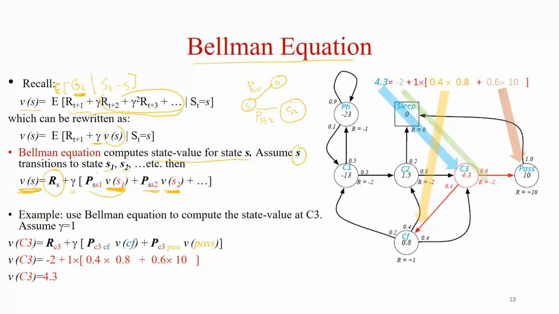Okay, so we can use this Bellman equation to compute the state value for C3, for example, which is right here.